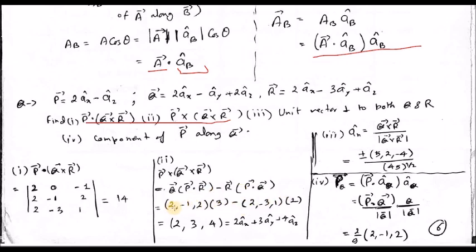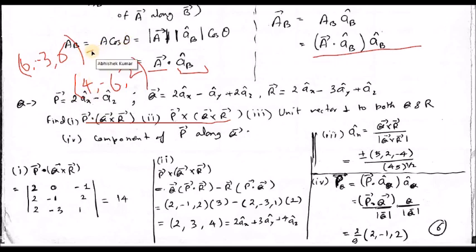Okay, just solve it. So you will get 6, minus 3, 6, minus 4, minus 6, 2.